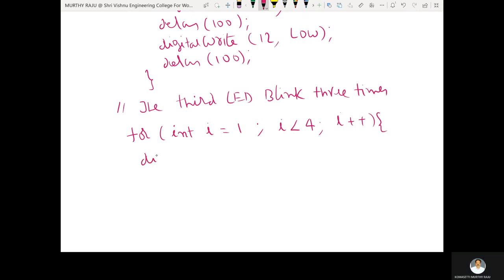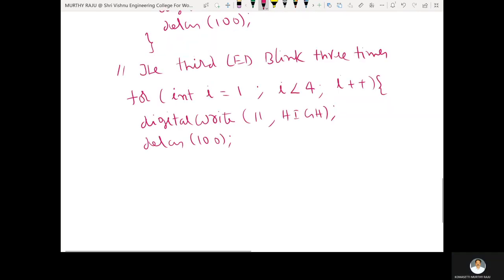Digital write 11th pin high, delay 100 milliseconds.